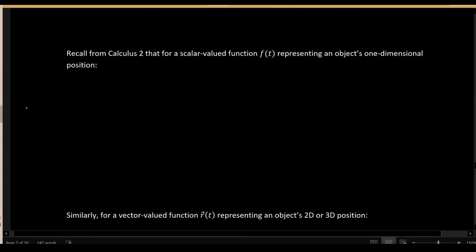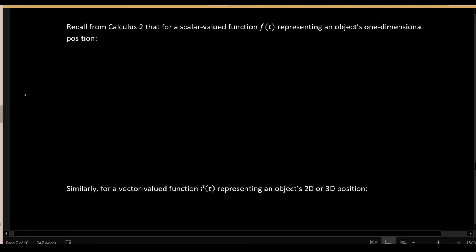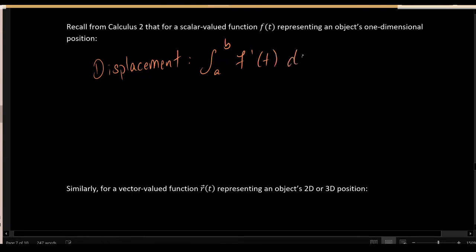Now, as usual, we're going to take our inspiration from Calculus 2. In Calculus 2, we had a one-dimensional position function, and if we wanted to calculate the displacement, the difference between the initial position and the final position, we could do that by integrating from the initial time to the final time the velocity of the object.